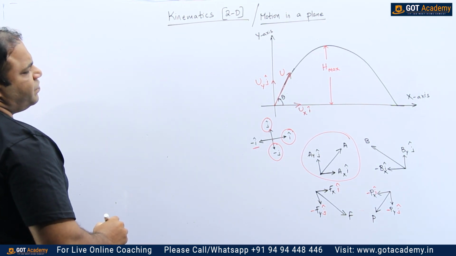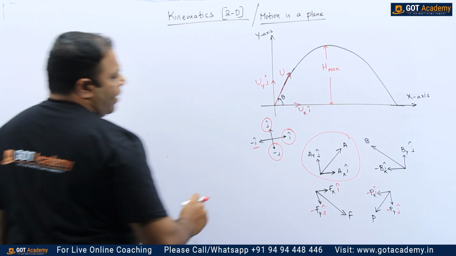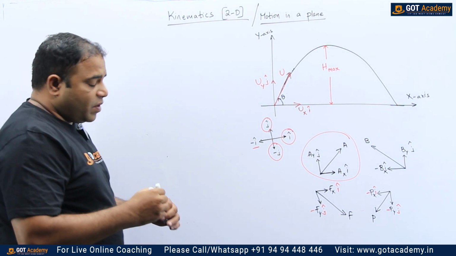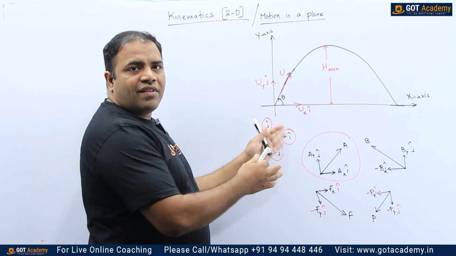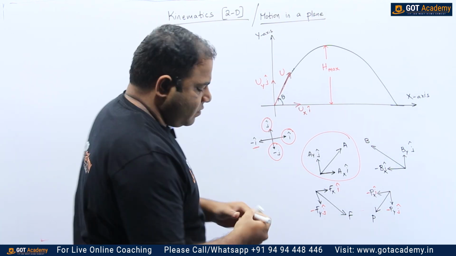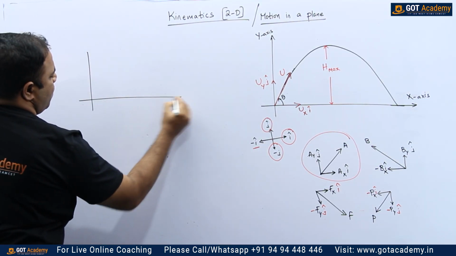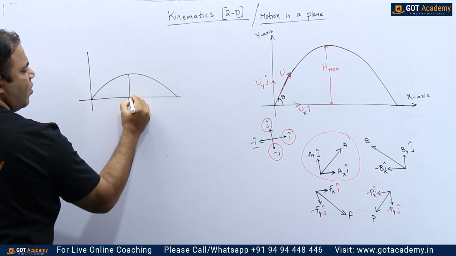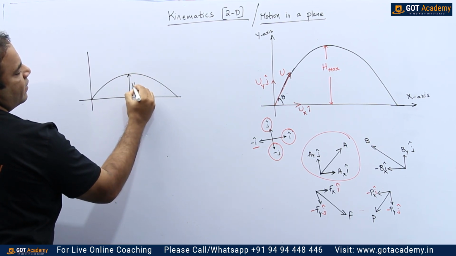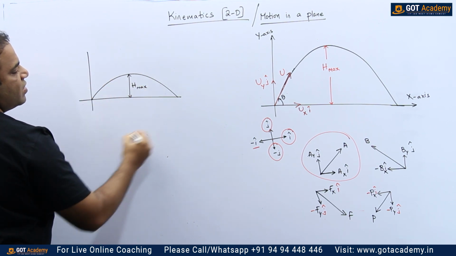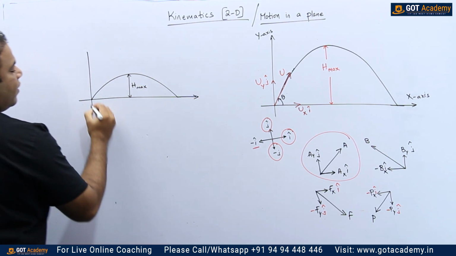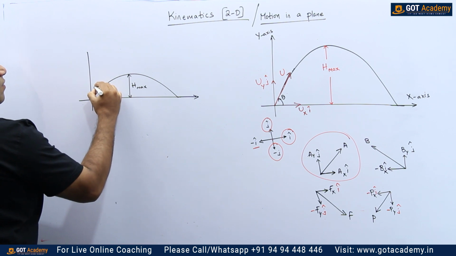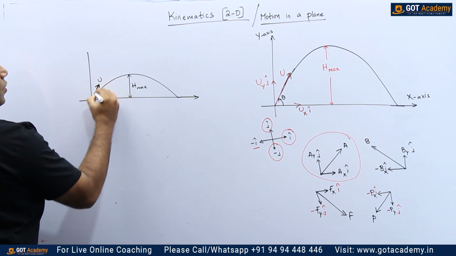Now, I'll draw one more diagram for you, because if I dump everything here, you may get confused. This one, I told you, has maximum height. Now my question is, this is the starting point from where you are throwing a body with initial velocity u.